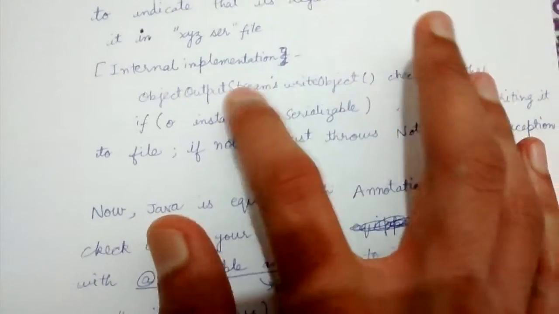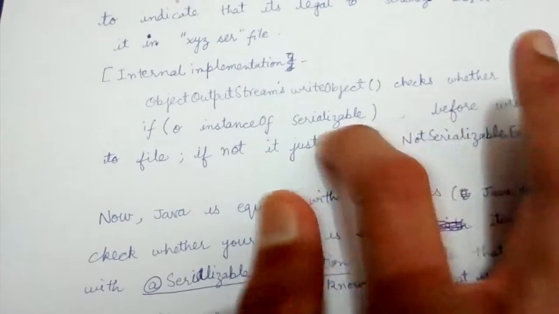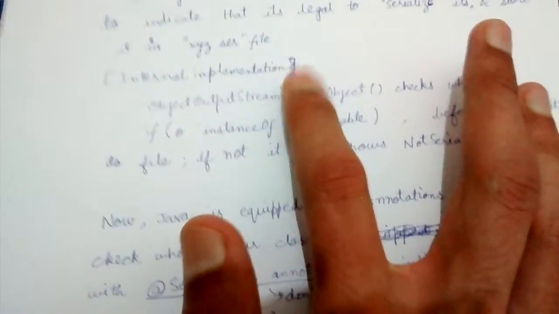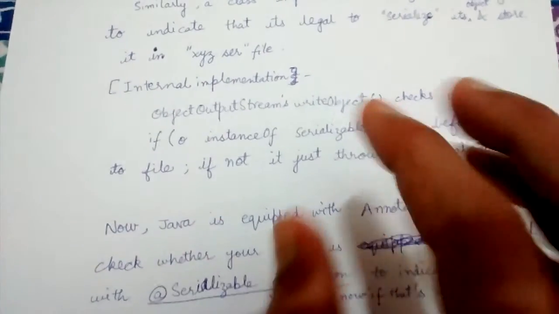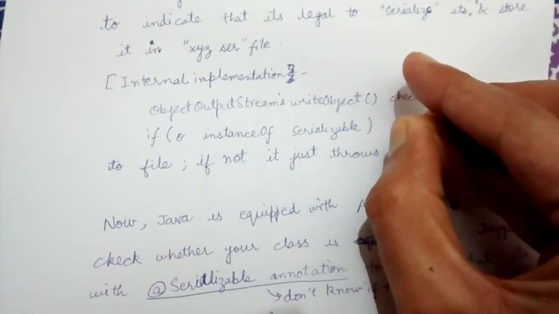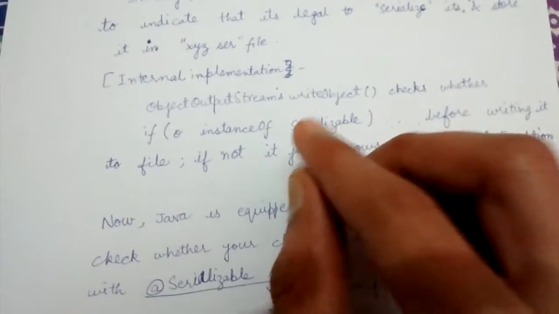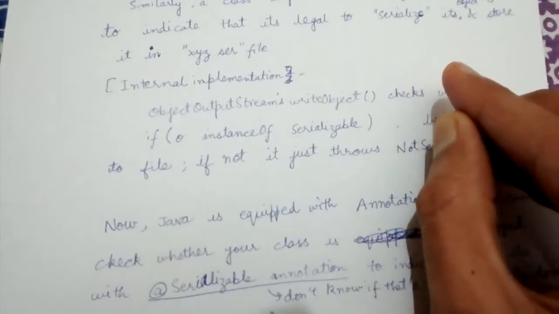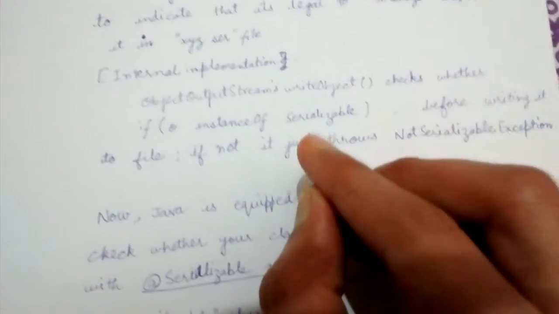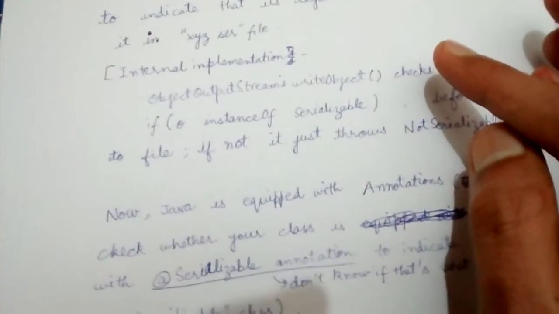If it's implementing, then it is legal for me to perform this task. If it has not been marked with that interface, I can't do this operation. If it is marked with the Serializable interface, I can do this operation. If it is not marked with the Serializable interface, I cannot do this operation. So these kinds of things were there.